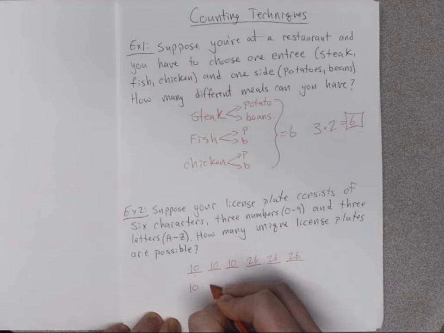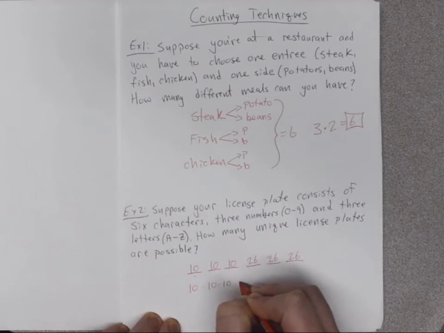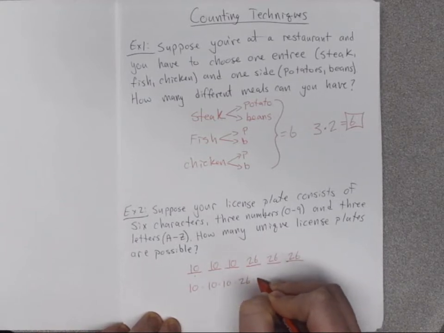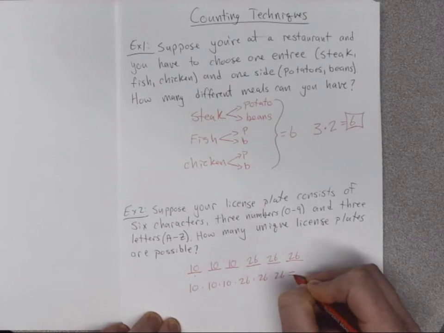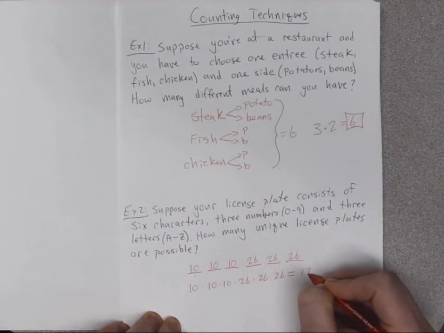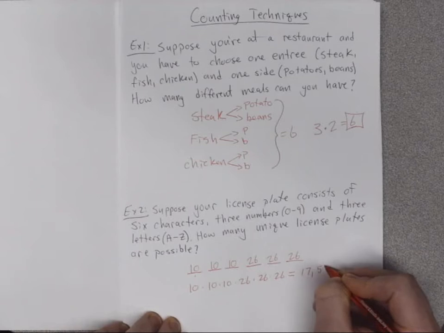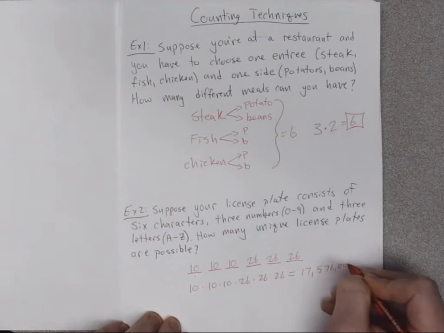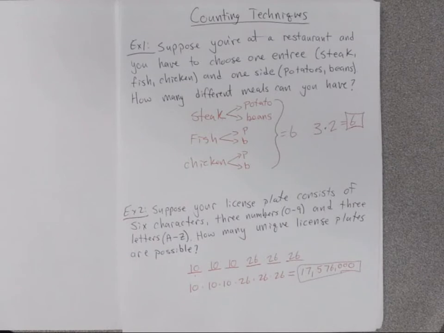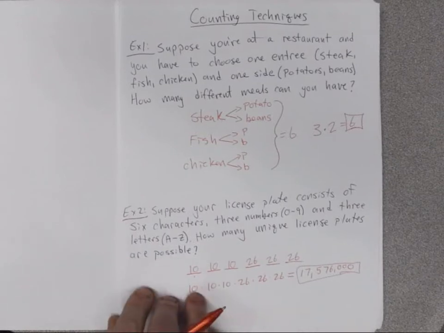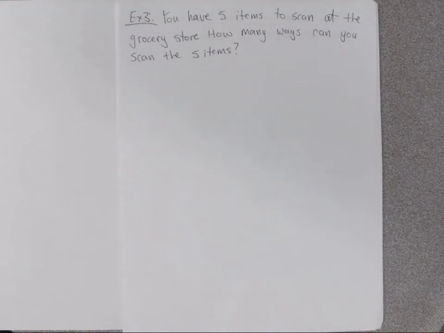So you get 10 times 10 times 10 times 26 times 26 times 26. Multiply all this together and you will get 17,567,000 license plates. All right, hopefully we're following so far, and we're going to move on to another example here.